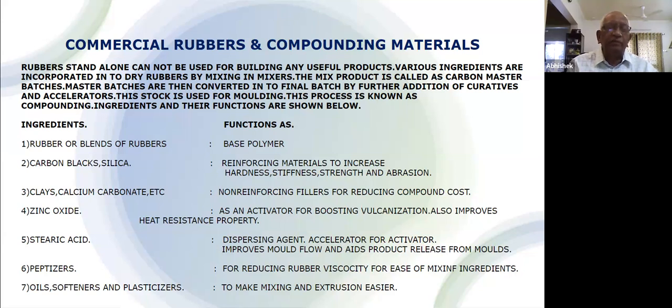So when the molecular weight of the rubber is quite high, and when you put such rubber in the mixing mill, it is very difficult to mix it because, with the high molecular weight, it doesn't soften immediately. So peptizers are those chemicals which, when you add in a small amount, 0.3 to 0.4, break down the polymer. That means the molecular weight is reduced, viscosity is reduced, and it helps in adding the carbon black and other ingredients.